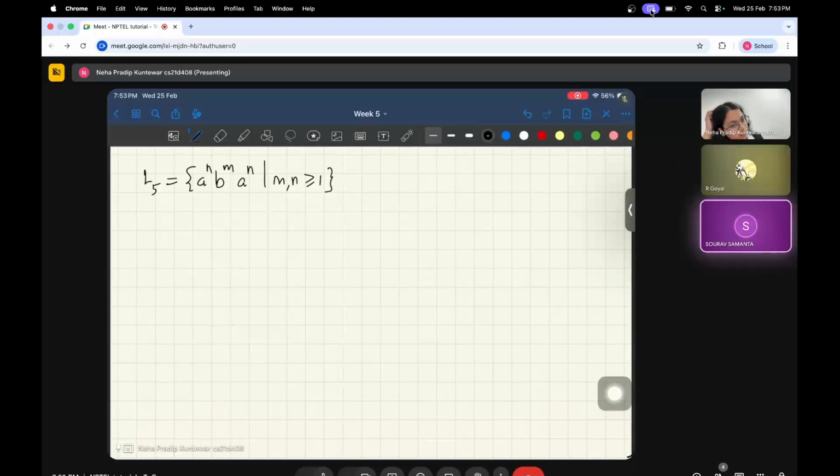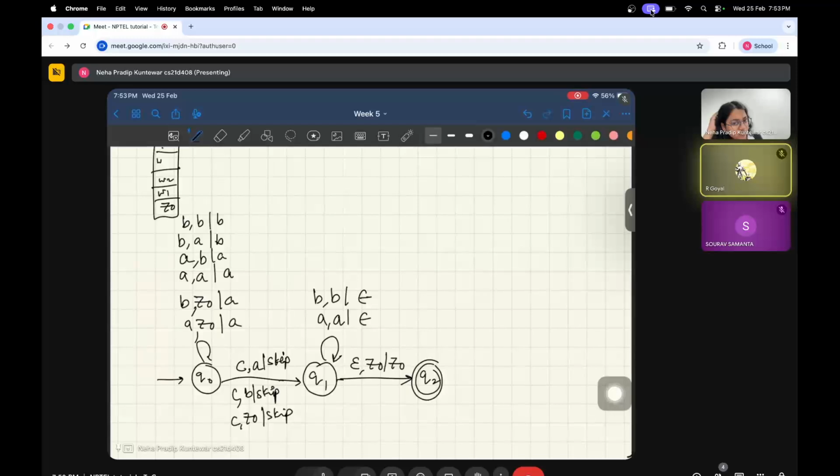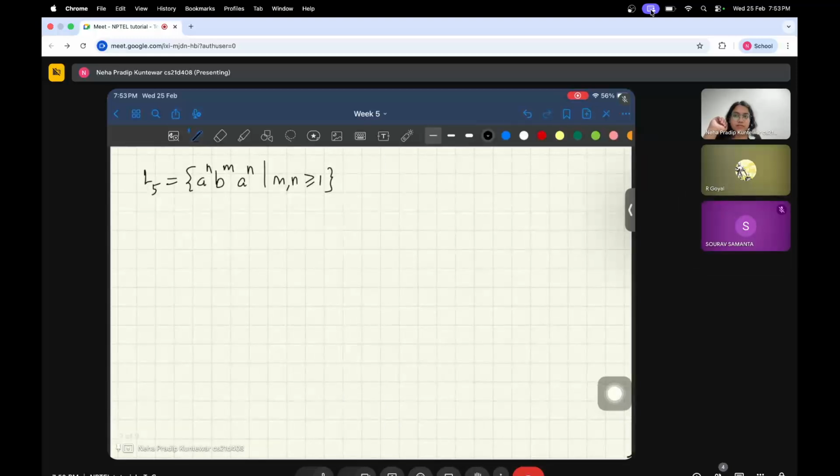So you want the acceptance to be done by empty stack rather than by final state. Basically that's just the acceptance condition, right? That has nothing to do with the language, is what I'm asking.